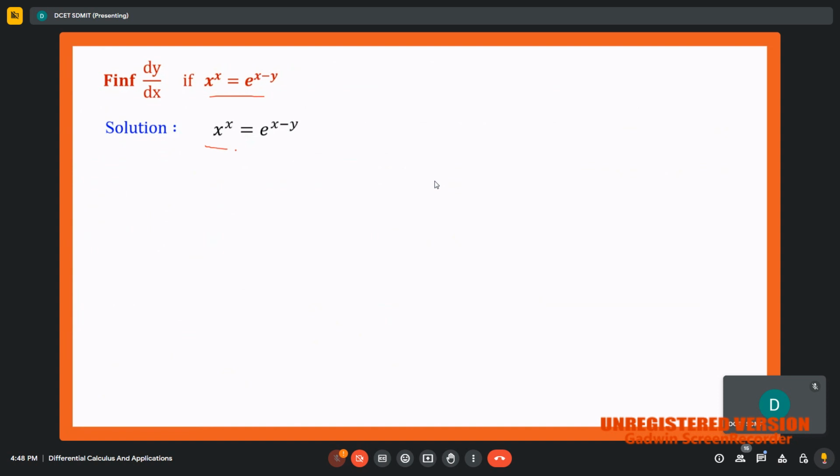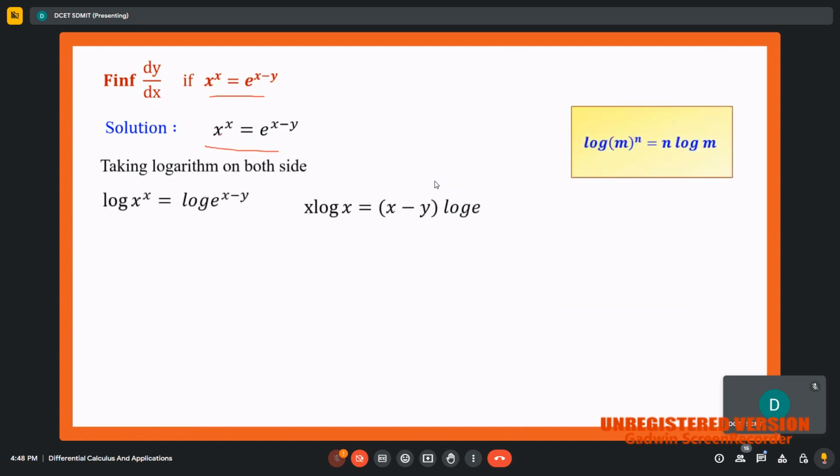So first you have to take log on both sides. Taking log on both sides means log x to the power of x equal to log e to the power of x minus y. Now we have to apply this log: log m to the power of n is equal to n log m.